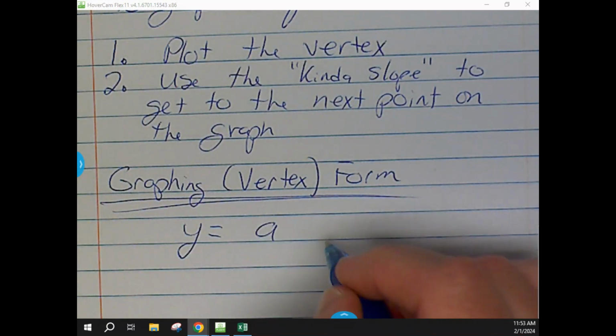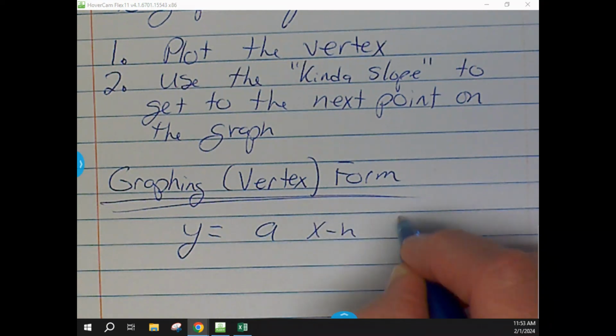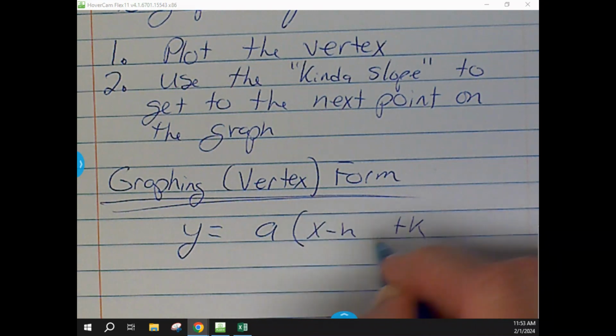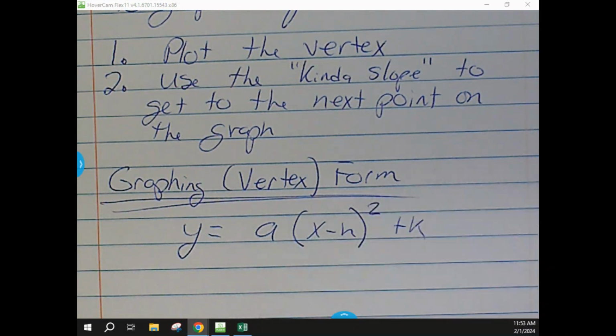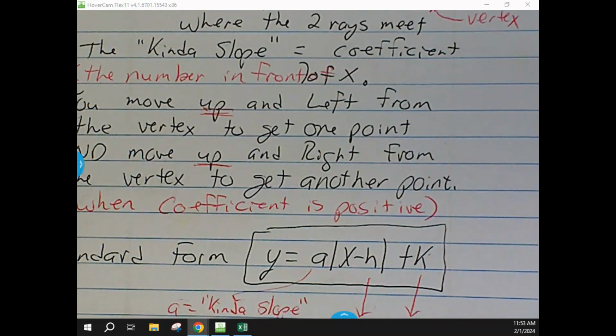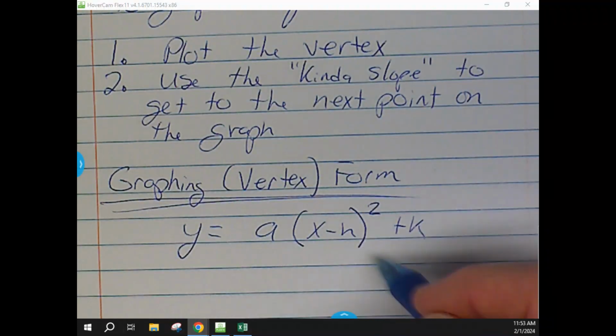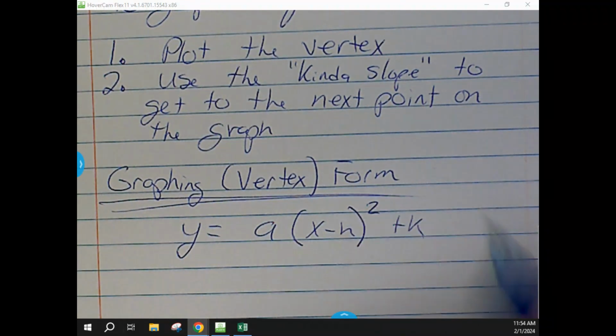It's still a times x minus h plus k. The big difference is, instead of using absolute value, they put parentheses with a square there. So that's graphing form, vertex form of a quadratic, and that's what we did for absolute value. It's the exact same thing, but instead of having absolute value, we've got this thing squared. So it's x squared that we're looking for.